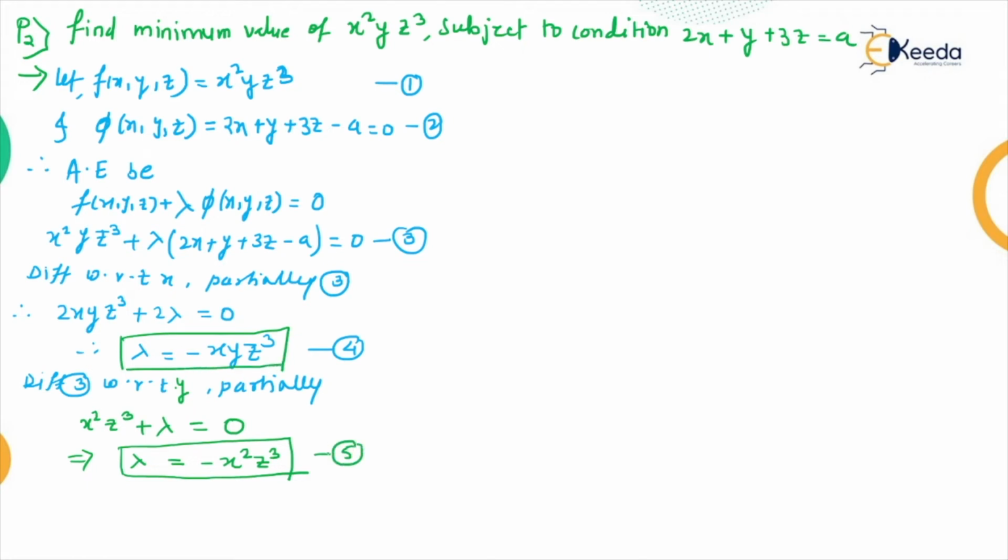For reference we call this equation number 5. Again, differentiate equation 3 partially with respect to the next variable z.